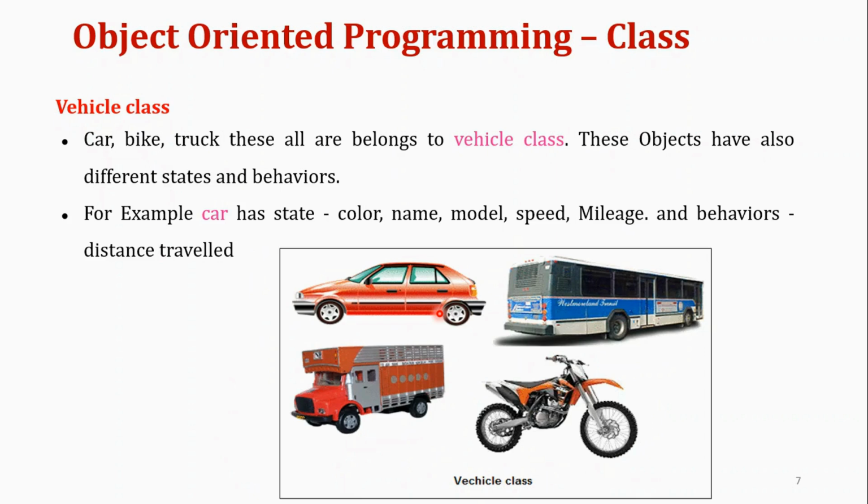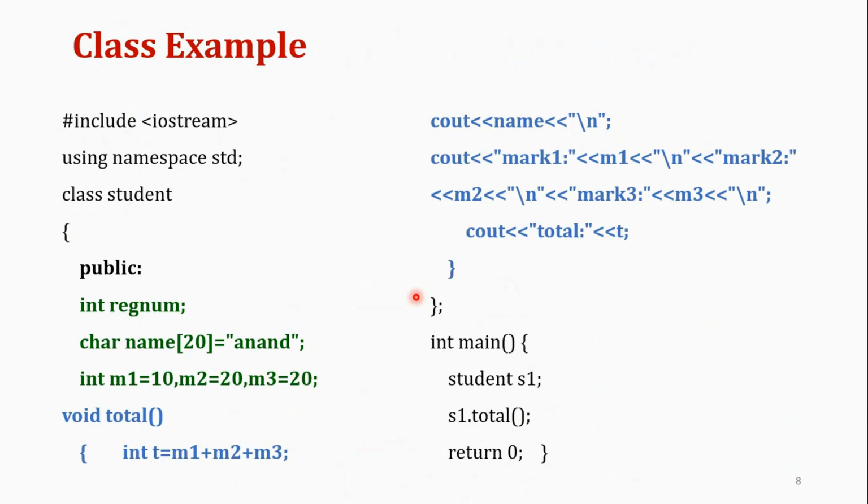Each object has its own state and behavior, such as the color and model of each object, and behavior like how it functions, how the gear is working, how the engine is performing, and what the mileage of each vehicle is. So the behavior can differ. This is a simple real world example of how vehicles are grouped by one class, and in a class we have each separate vehicle as one object. And moving on to a simple example of a class.